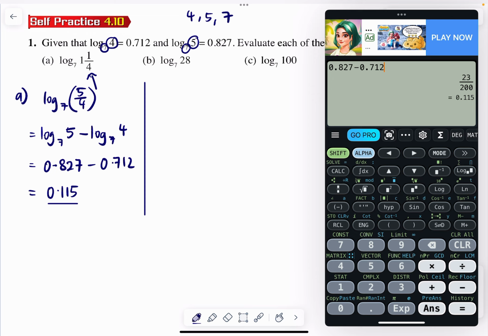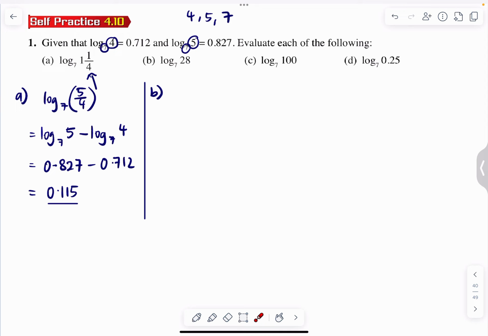Okay, let's look at B. Log 7, 28. Okay, so 28 we need to relate it with these three numbers. So 28 will be 4 times 7. So I can write this as log 7, 4 times 7, which is 28. So when we have divide, it becomes minus, which means when we have times, it will become plus.